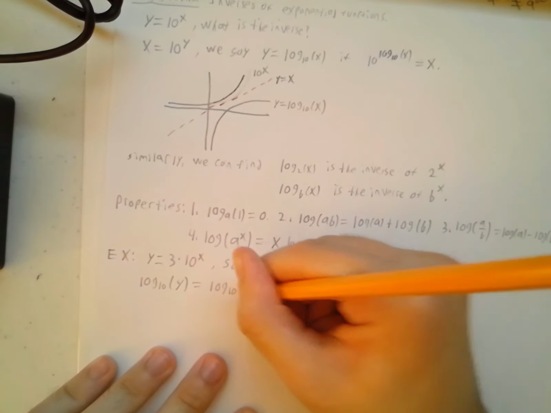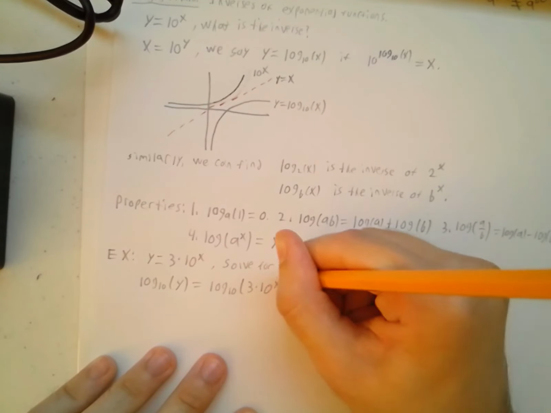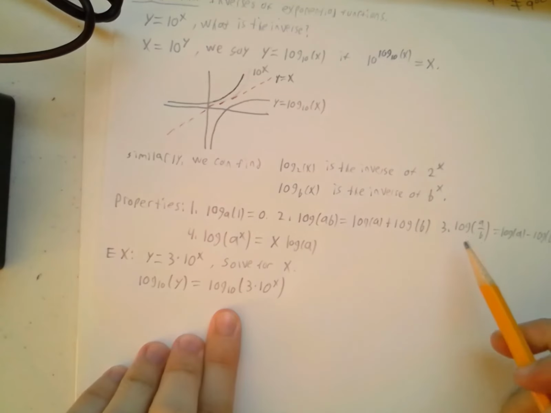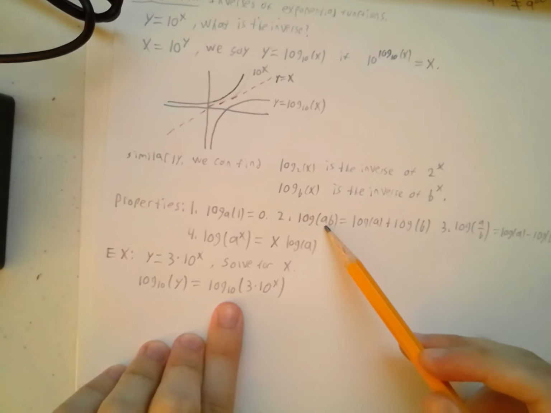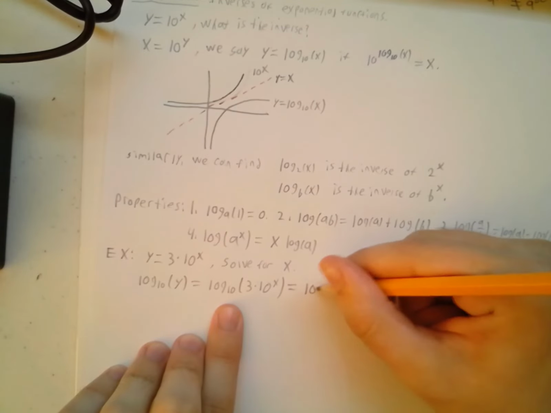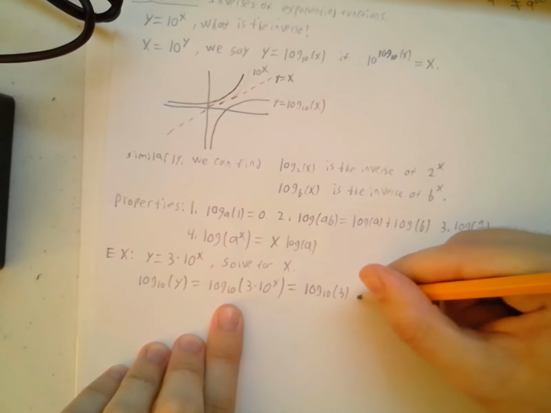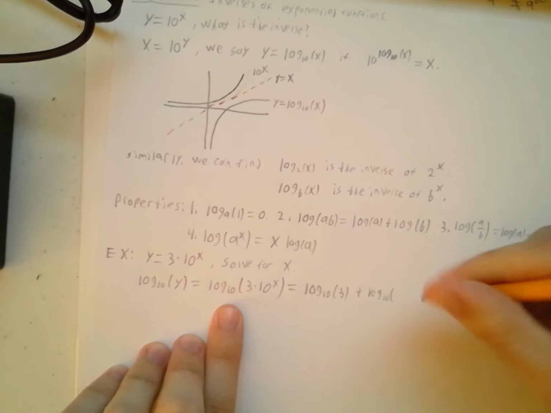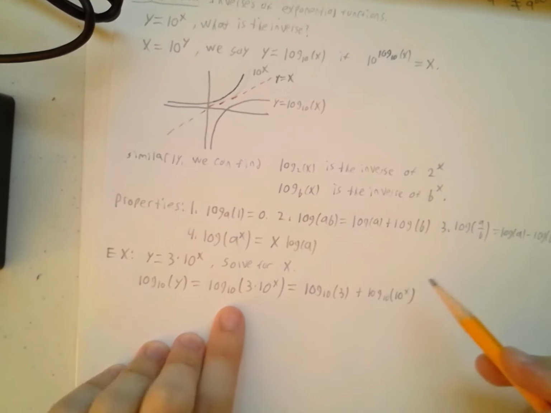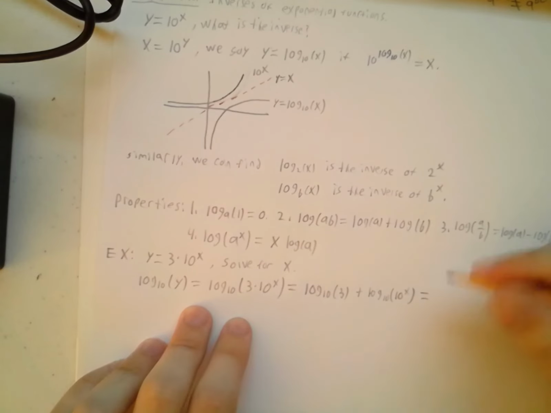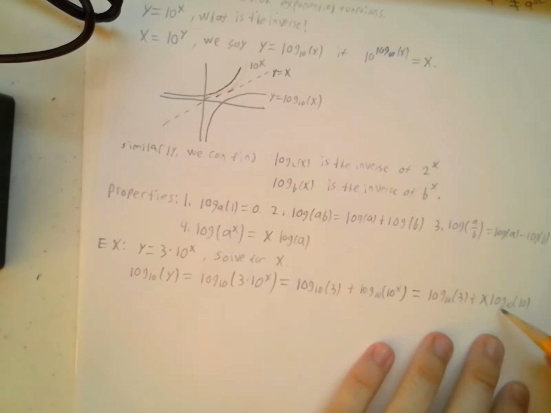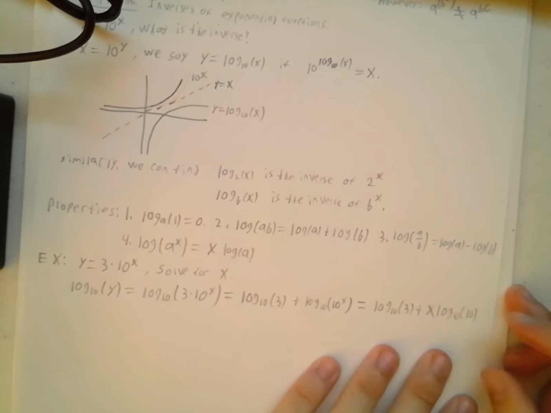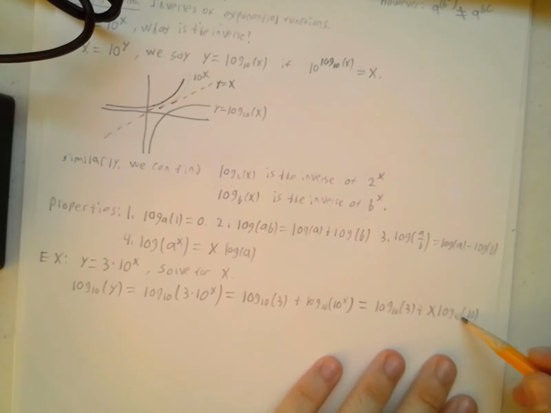then if I apply property 2 here, I can split this up into a sum of 2 logs. And then by applying property 4, I get the log base 10 of 3 plus x log base 10 of 10. But log base 10 of 10 is just asking what number do I have to raise 10 to get 10, and that number is 1.